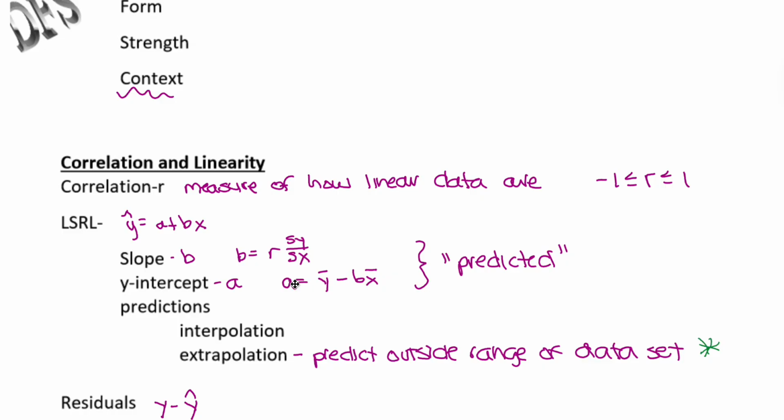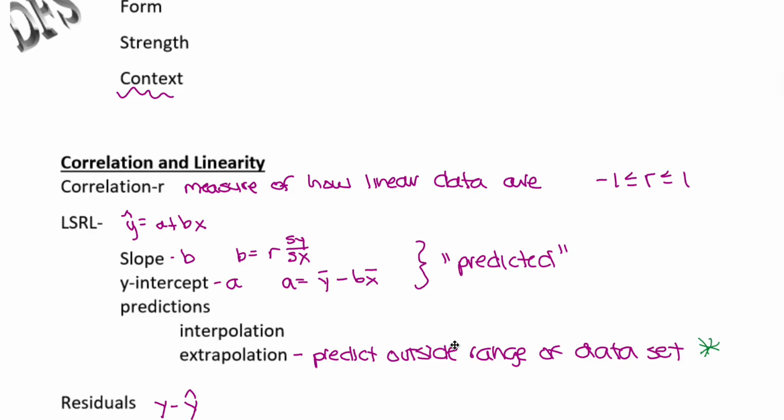It contains interpolation and extrapolation. We can use our prediction to help us decide whether a prediction from the model involves interpolation or extrapolation. What does extrapolation mean? Well, it means predicting outside the range of the data set.